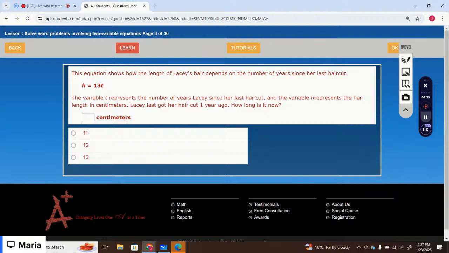The equation shows how the length of Lacey's hair depends on the number of years since her last haircut. H equals 13t. The variable t represents the number of years since her last haircut, and the variable h represents the hair length in centimeters. Lacey last got her haircut 1 year ago. How long is it now?